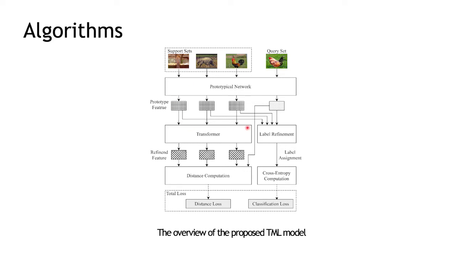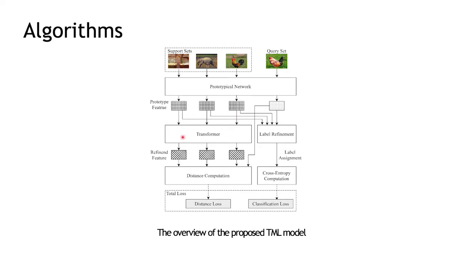So, this is an overview of our model, called the TML. It mainly consists of three modules: prototypical network, transformer, and label refinement. Firstly, images in both the support set and query set are input into the prototypical network, and the prototype feature embeddings of the corresponding sets are obtained.